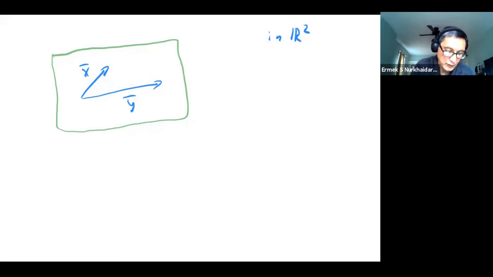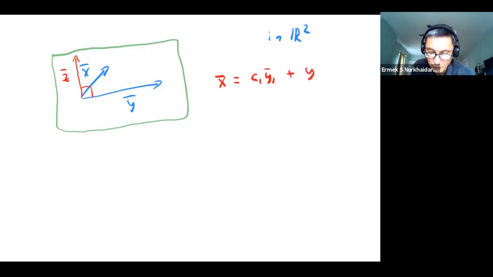And because of that, we can visualize that we also have vector z, which is going to be perpendicular to y. So then what we can do is write down the vector x as a sum of two vectors. One is parallel to y, which is going to be c1 times y, plus a part which is perpendicular to y.